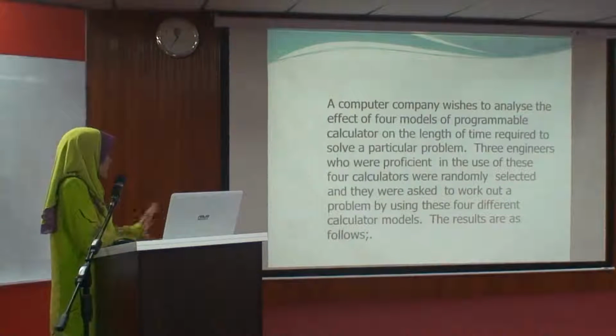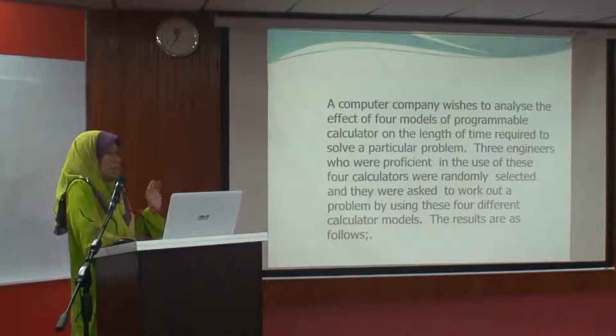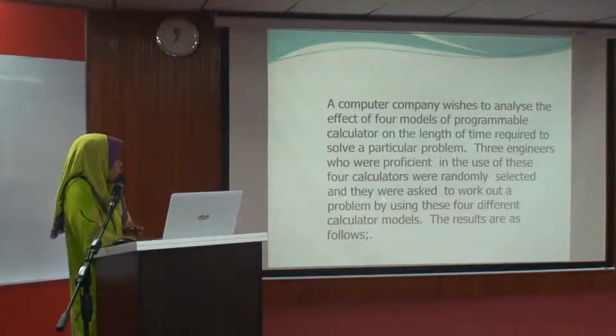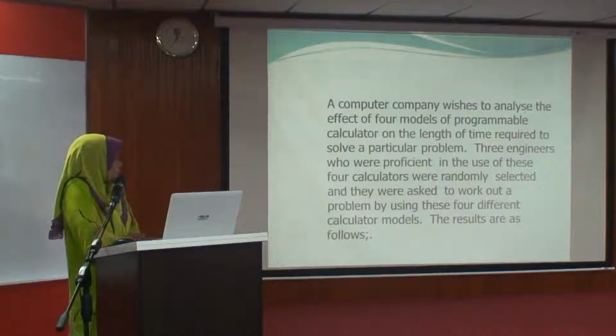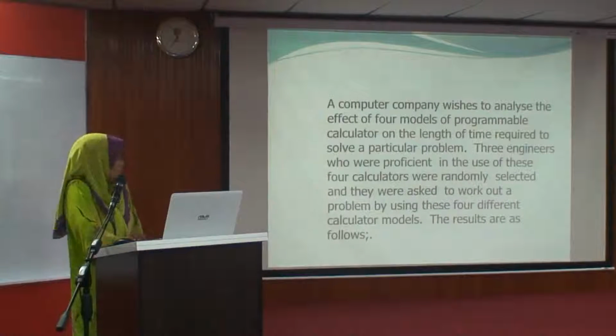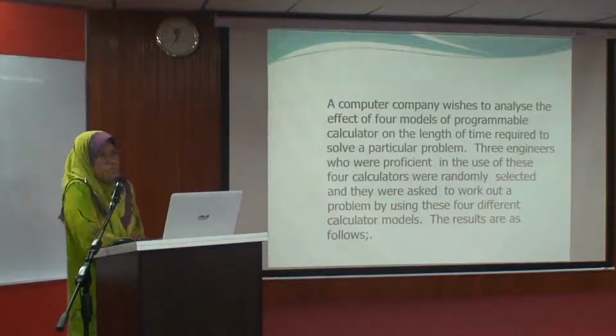Okay, what else do I want to explain here? For this kind of problem, this is a repeated measure design. Let's see how I would change this problem if this were a completely randomized block design. I would say that 12 engineers are grouped according to their age, so now I have 3 age groups of engineers.